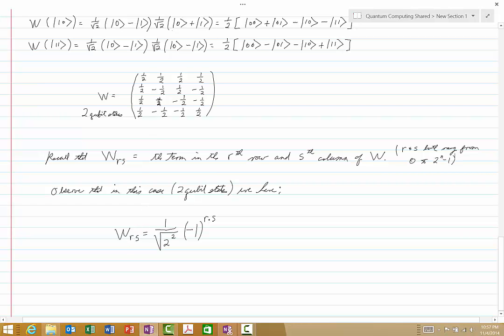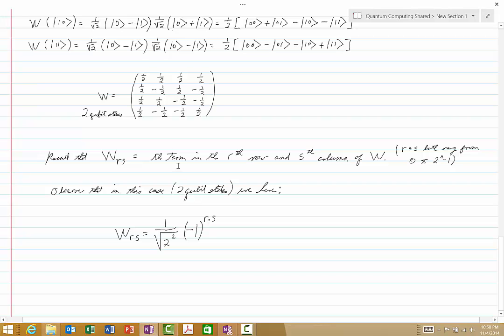This is in row number 2, again 0, 1, 2, and in column 1, because this is column 0 and this is column 1. So this would be W21.